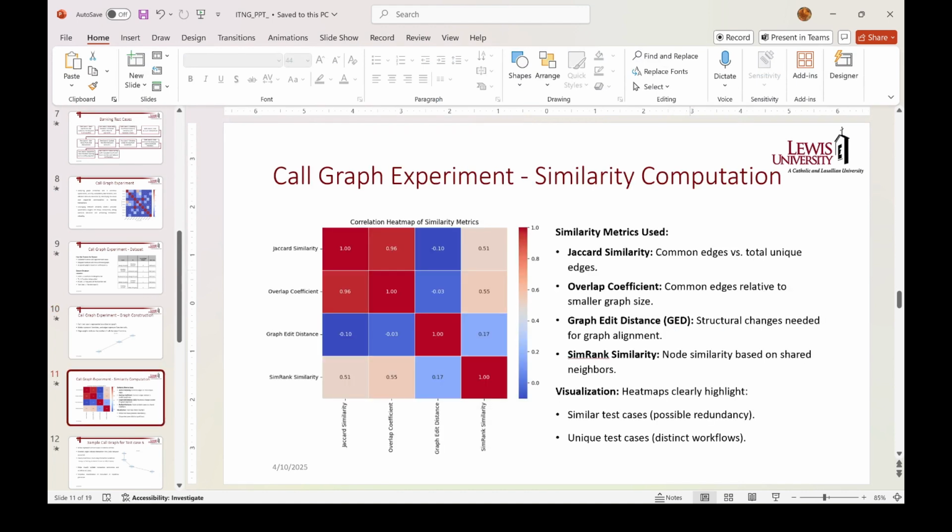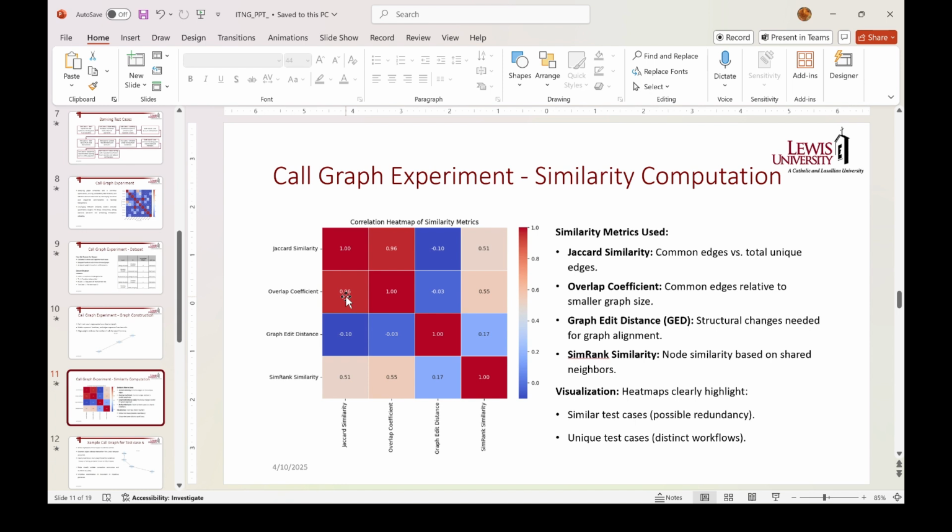And coming to call graph similarity computation, we used four different similarity metrics. This correlation heat map compares how the different similarity metrics relate to each other. We can see that Jaccard and overlap coefficient have a very strong positive correlation of 0.96, meaning they often agree on graph similarity.